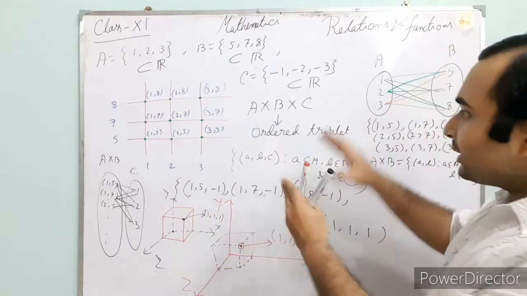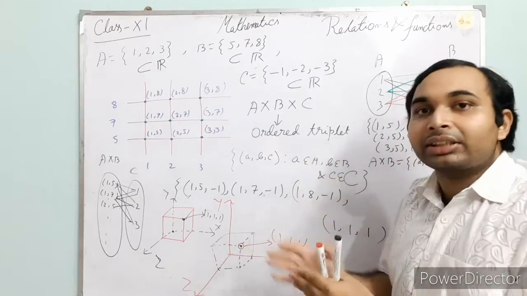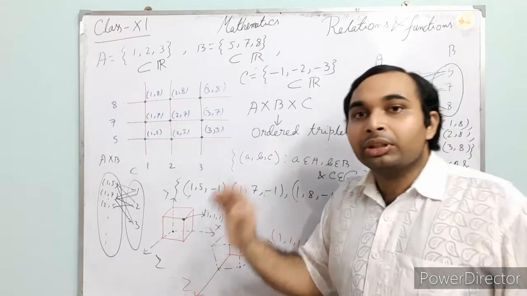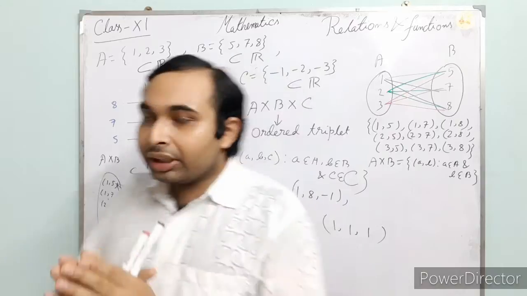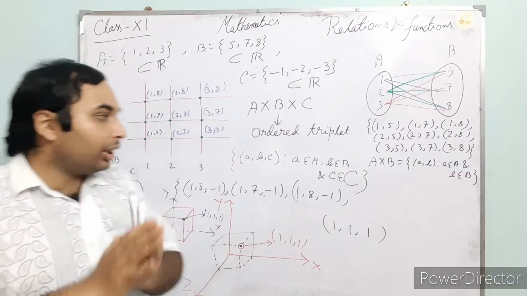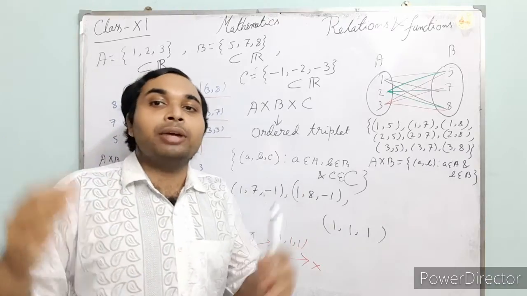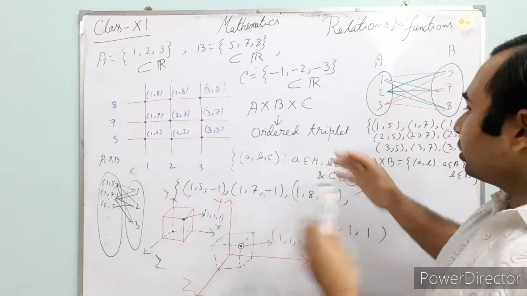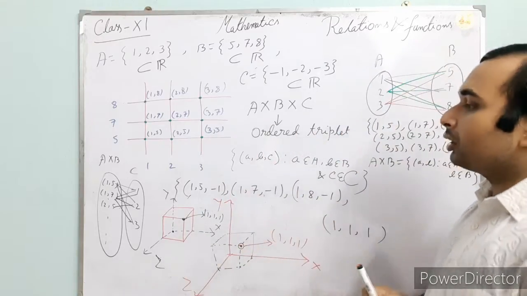Now for each and every real number, that is rationals and irrationals, we will get one three-dimensional point. That means going up to infinity, we are just covering the three-dimensional space.